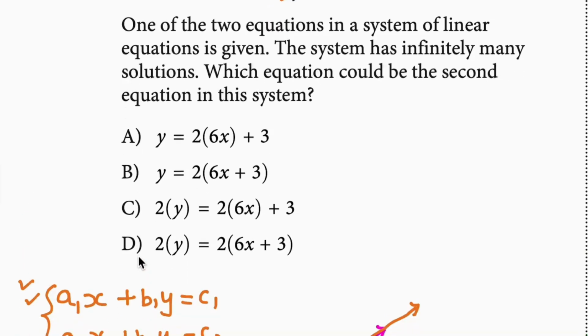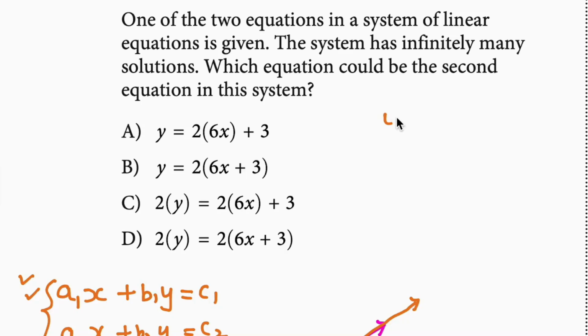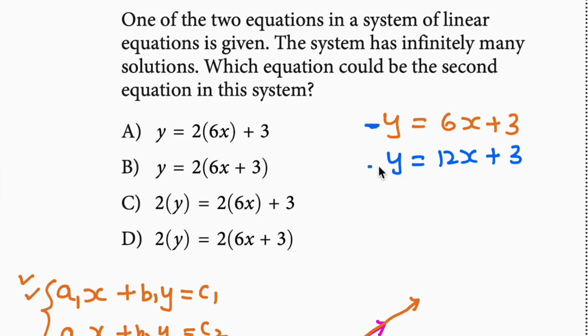So if I see this question, y is equal to 6x plus 3. Here if I compare it with A, y is equal to 12x plus 3, right? So this one is a1, this one is a2, we can count any. So 1 over 1 is not equal to 6 over 12.